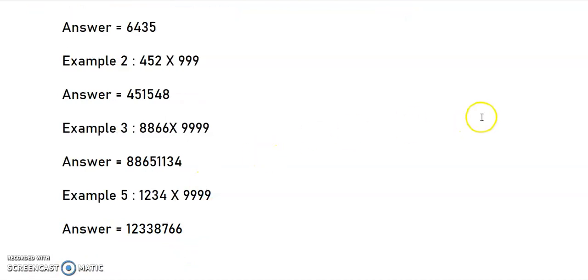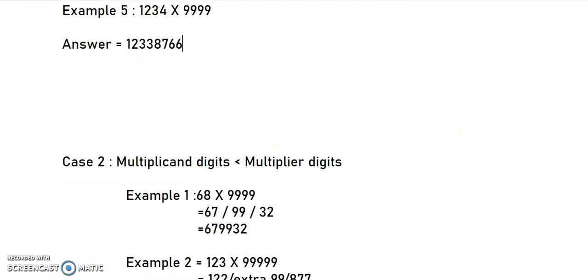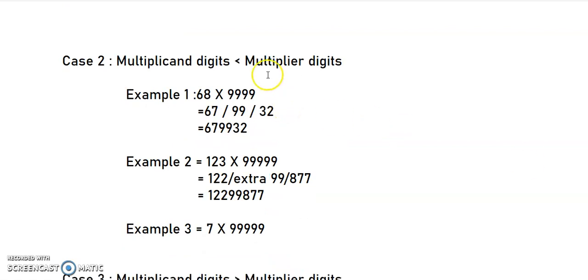Now we go for the second case, multiplicand digits less than multiplier digits. See here, I am considering 68 multiplied by 4 nines. First, here also the same thing: 68 minus 1 is 67.